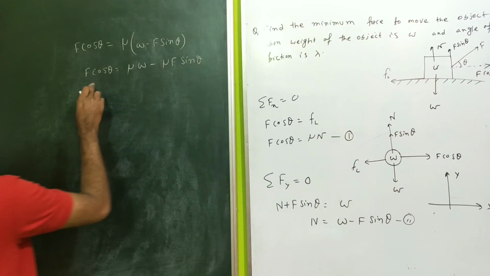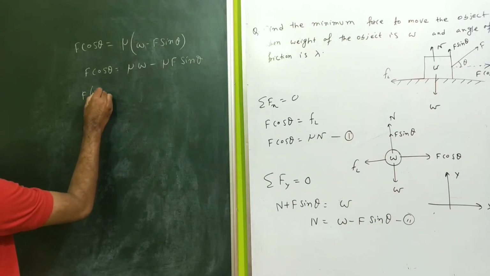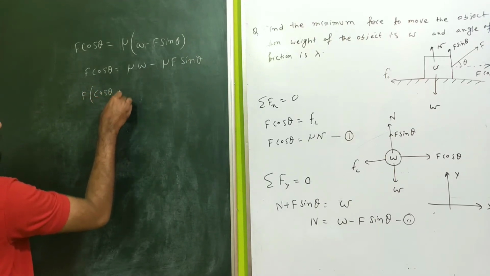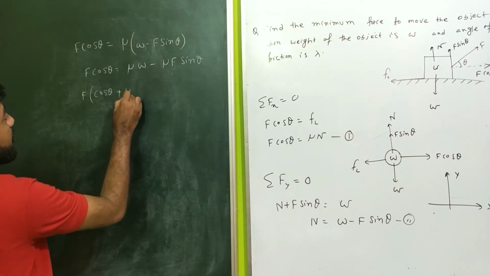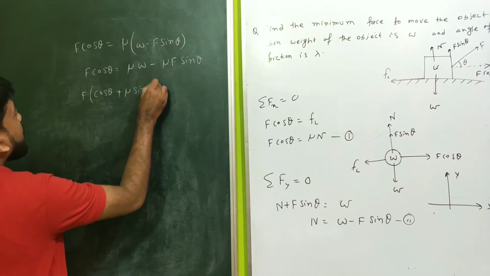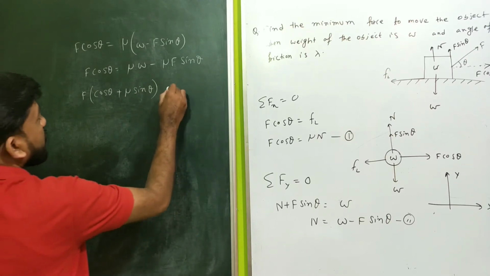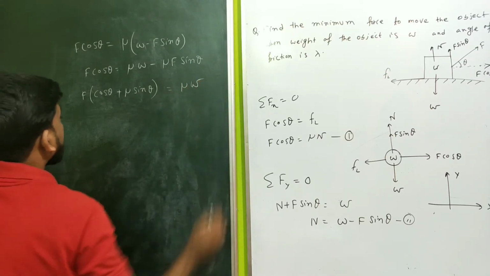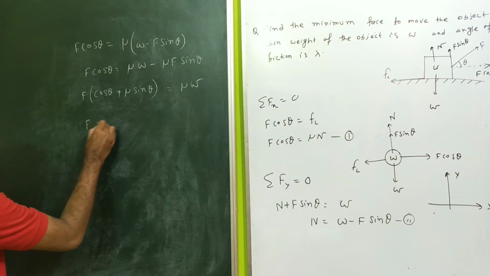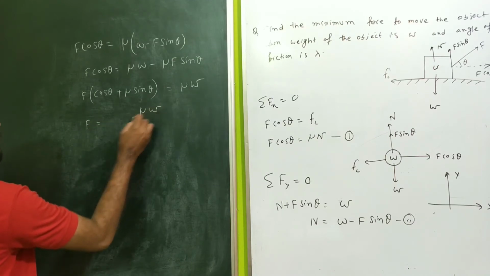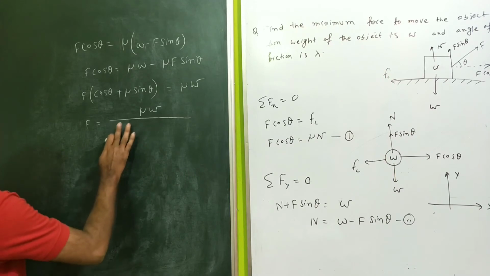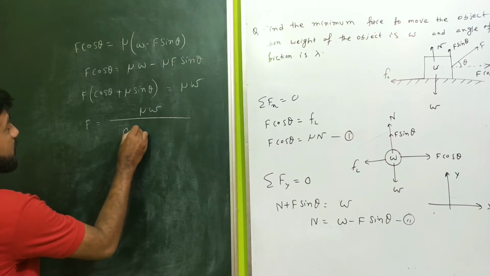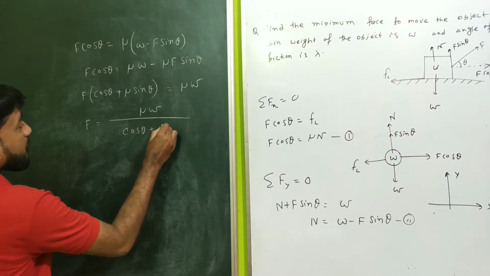Now if you take F common, then you will get cos theta plus mu sin theta, and that will obviously be mu W. So your F will be mu W divided by cos theta plus mu sin theta.